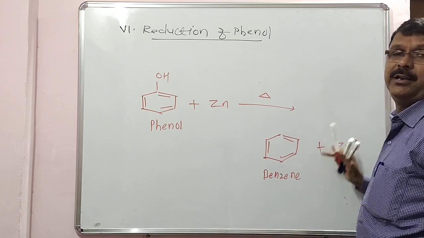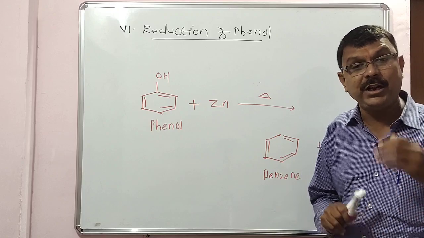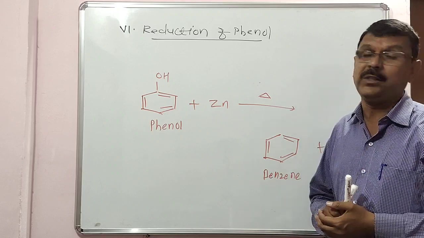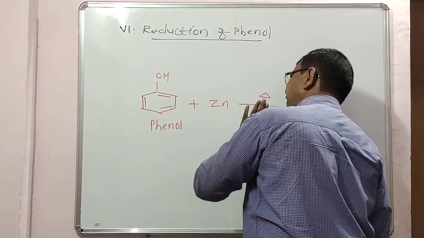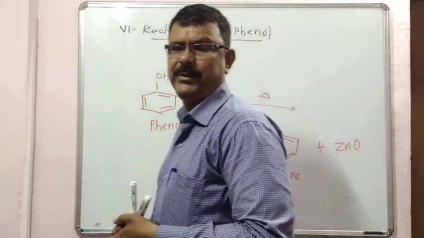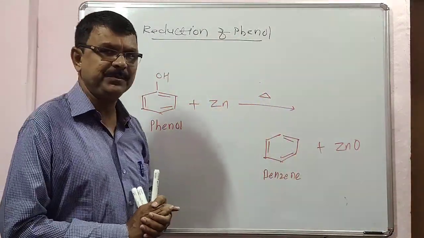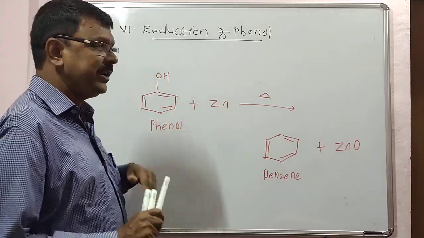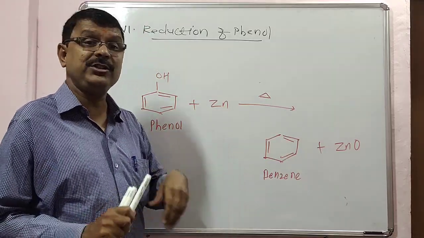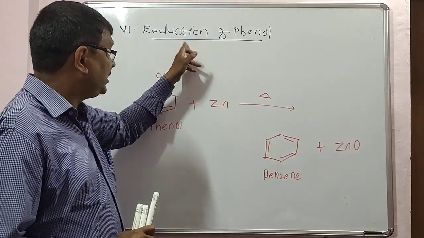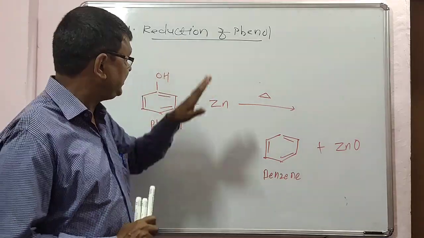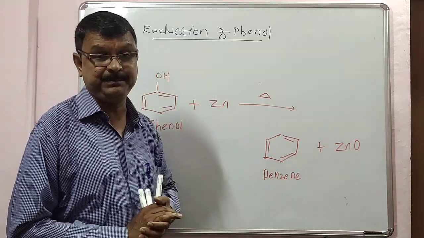Addition of hydrogen is reduction, and removal of oxygen is also reduction. When phenol is heated with zinc dust, it gives benzene. Actually hydrogenation is the addition of hydrogen, but in this reaction there is removal of oxygen.